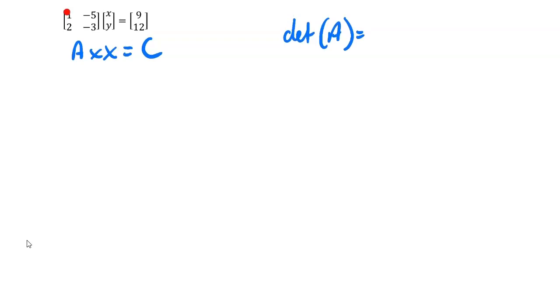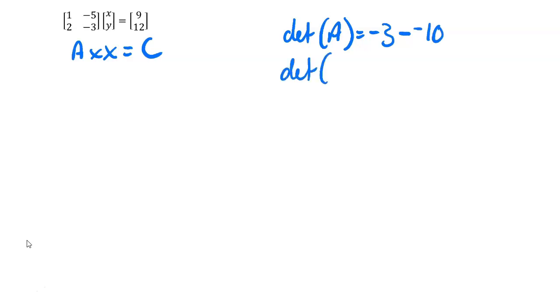One last one. I've got A times X equals C. All right, so let's see whether or not we can do it first. So our determinant of A is equal to 1 times negative 3, which is negative 3, take away negative 5 times 2. So that's negative 10.